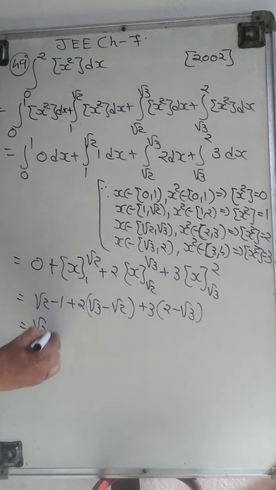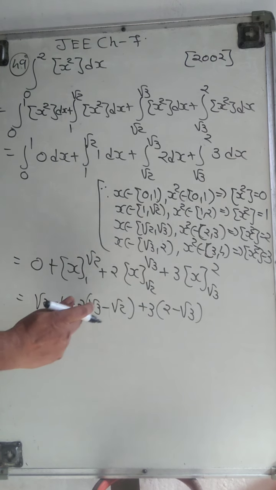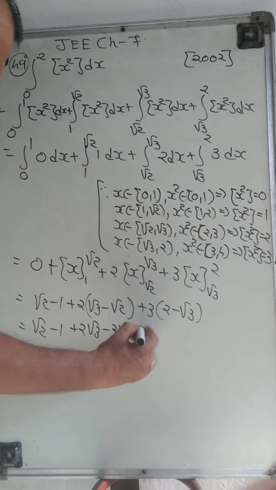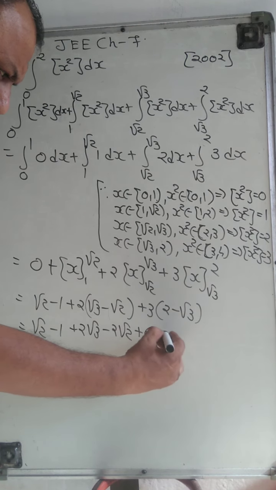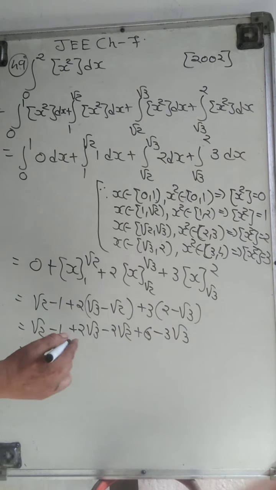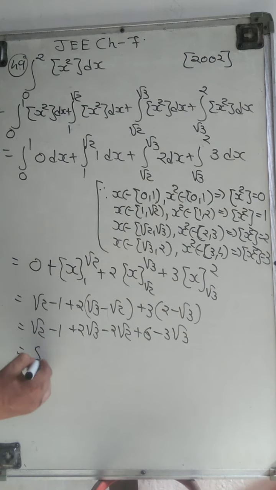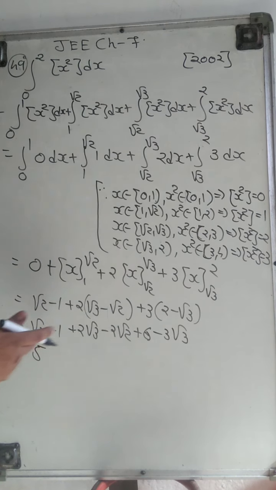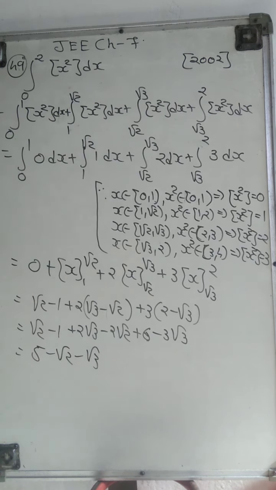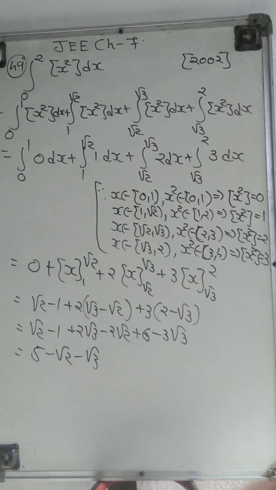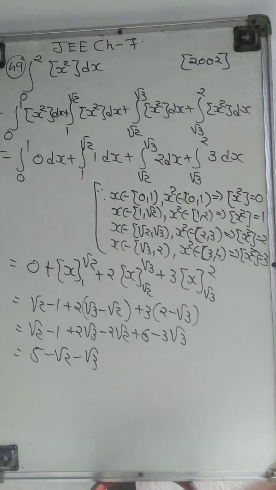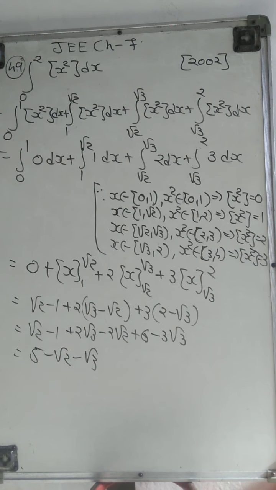So we have root 2 minus 1, plus 2 root 3 minus 2 root 2, plus 6 minus 3 root 3. Now 6 minus 1 is 5, then 2 root 2 minus root 2 means minus root 2, and then minus root 3. So this is our answer: the integration 0 to 2 box x square dx is equal to 5 minus root 2 minus root 3, right?